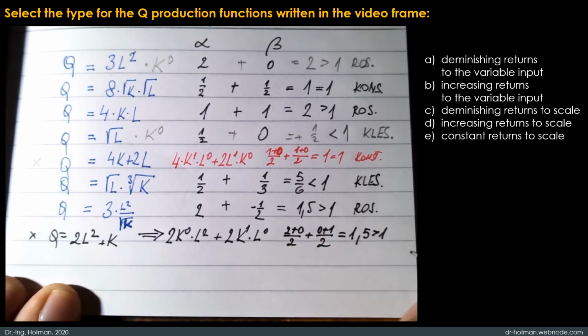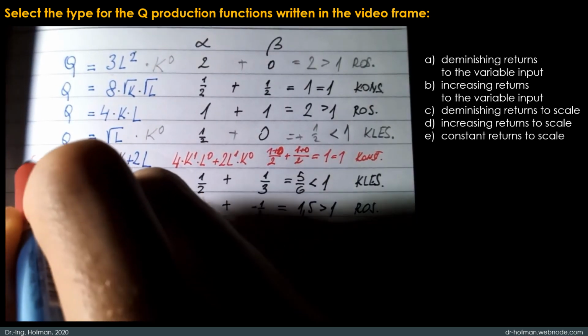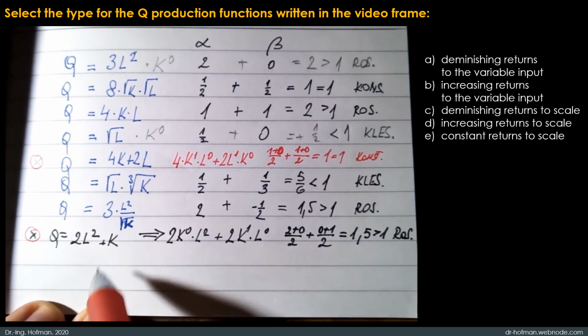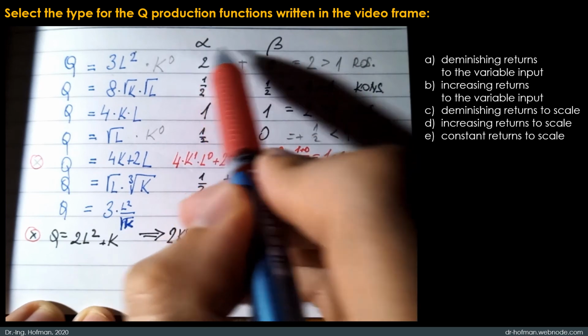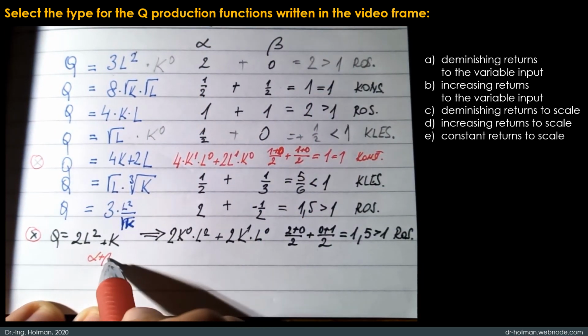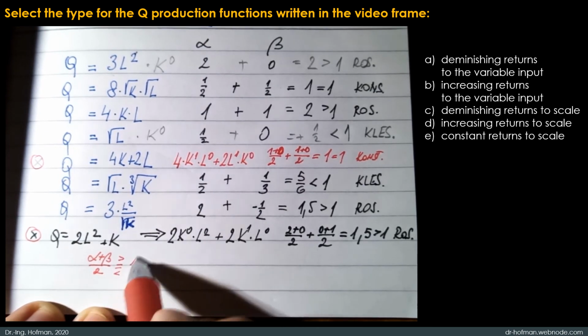That's more than 1, and we speak about increasing returns to scale. You can see that for the x-signed functions we couldn't just add alpha plus beta, but we divided them by 2 and compared with 1.